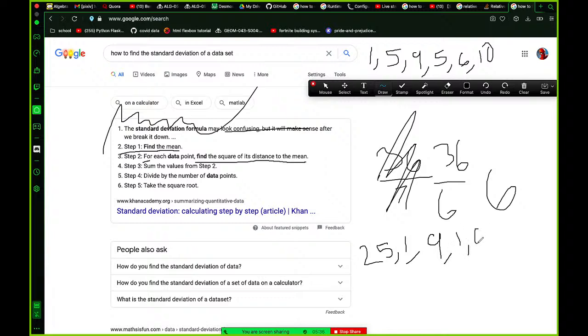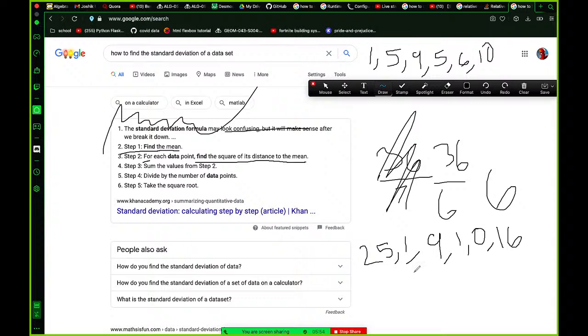This is going to be 0 because 6 minus 6 is 0. 10 minus 6 is 4, that's 16. Super boring stuff, I know. And then you have to add up all of these, take the mean of that, and then square root that.